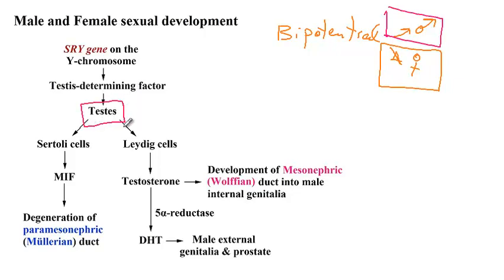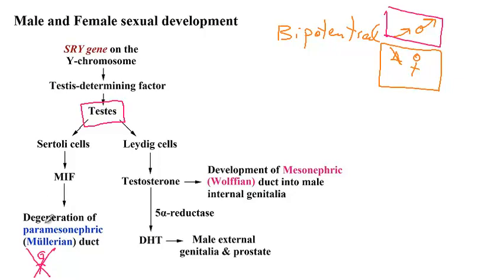So instead of forming ovaries, now testes are formed in the embryo. And now these testes will produce testosterone via the Leydig cells and Mullerian inhibiting factor via Sertoli cells. What the Mullerian inhibiting factor does is cause degeneration of the paramesonephric ducts, the other name for which is Mullerian ducts. And so by doing this, female organs will not develop.